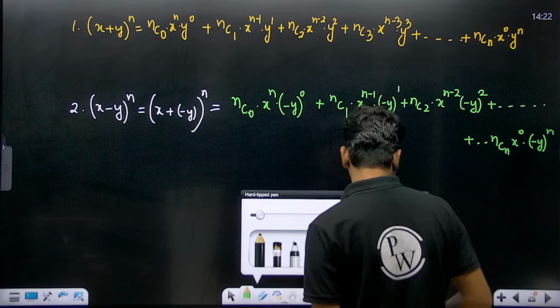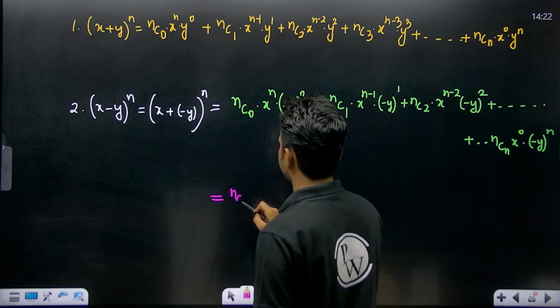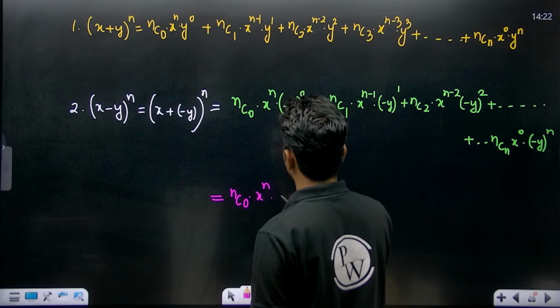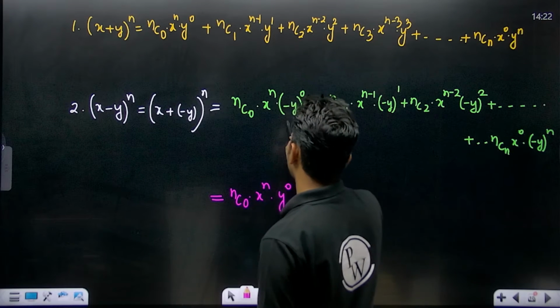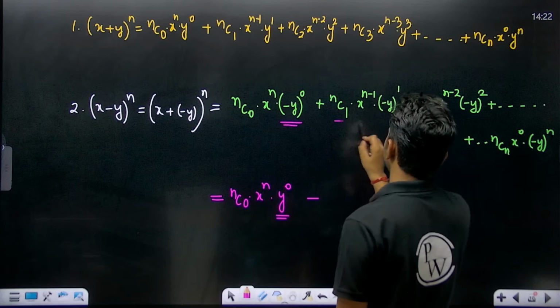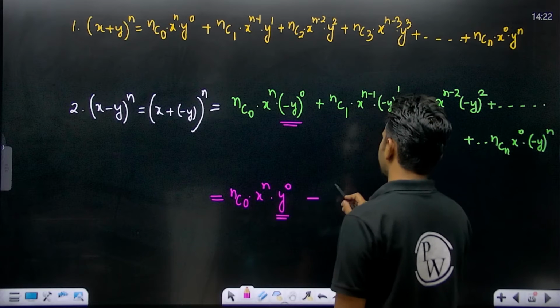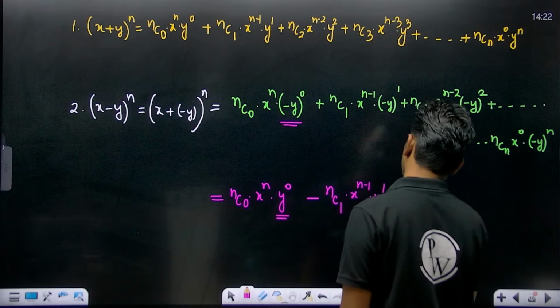If you look at this expression closely, then over here you can write down this expression as it is, nC0 into x to the power n into y to the power 0 only, because this is nothing but ultimately 1 only. I said okay. Over here this thing will become what? Understand, this thing can be rewritten like this as well or not, everyone.